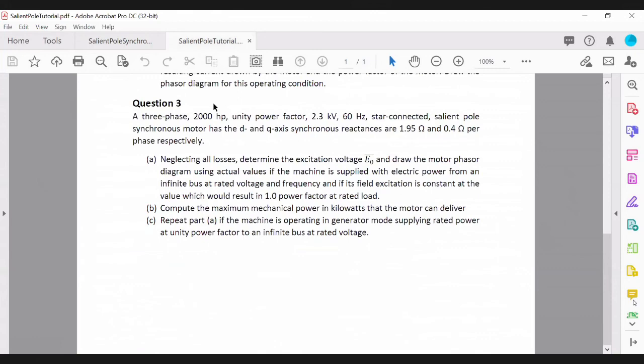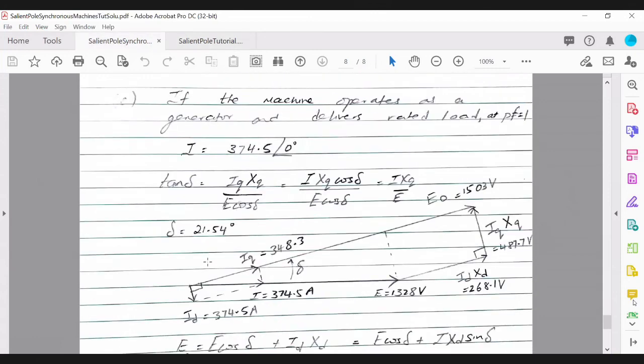Okay, so that's part C. As you can see, this is your terminal voltage, and as the generator operates at unity power factor, you place your phasor I in phase with E, and then you resolve the current into two components, where IQ will lie along E naught, and ID is perpendicular to IQ, and then you will have your two components, which are IDXT and IQXQ.